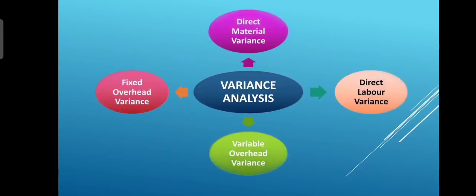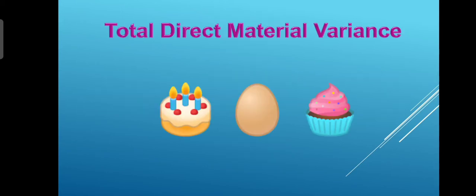You will learn the cost variances, which consist of direct materials variance, direct labor variance, variable overhead variance, and fixed overhead variance. In this video, we are focusing on direct materials variance.